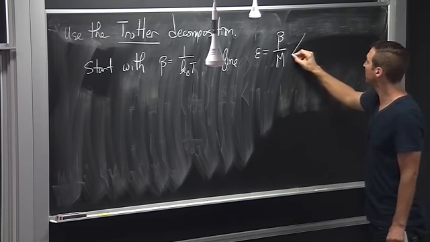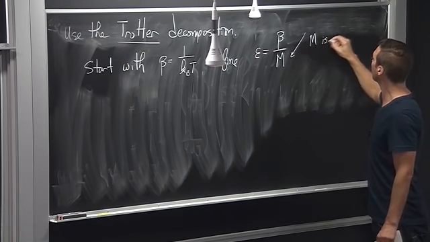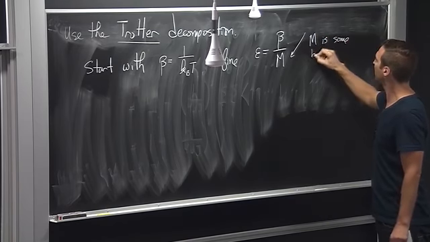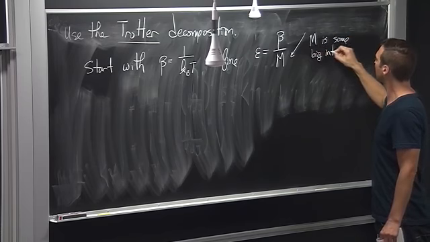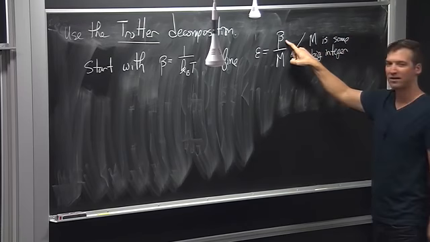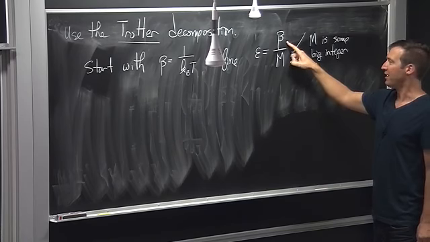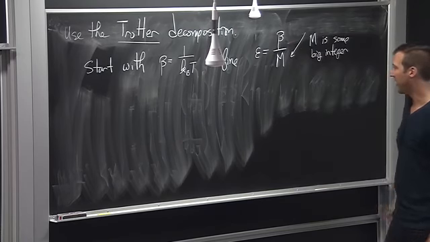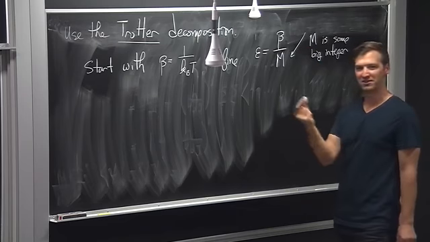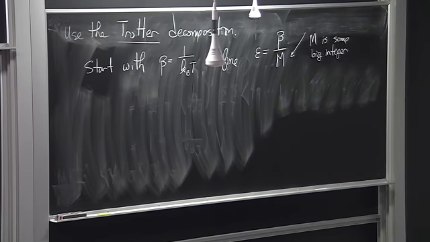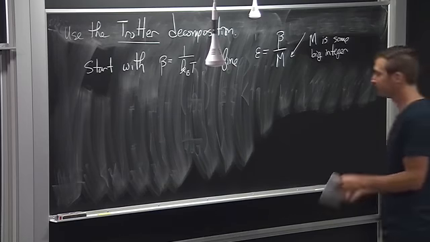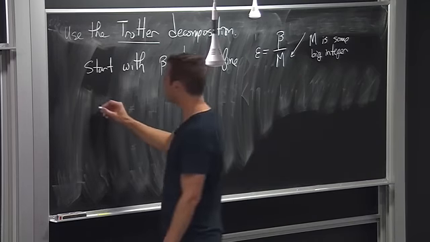Okay, so I've taken my inverse temperature, beta, and I've divided beta up by m. And epsilon is just the size of each one of these decompositions, if you will, or divisions. I'm going to fix the temperature.